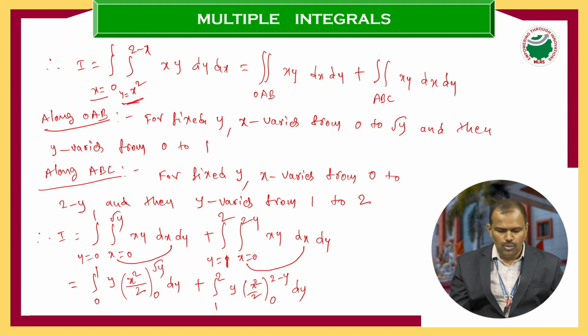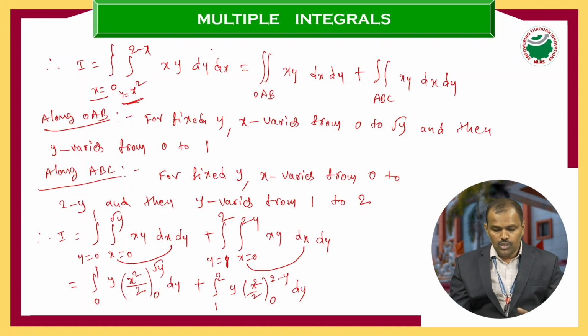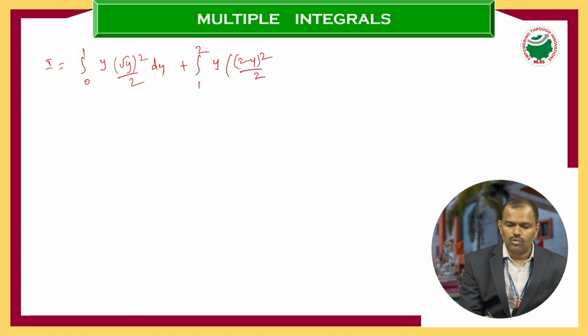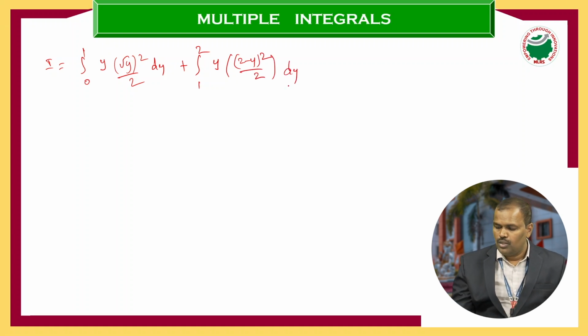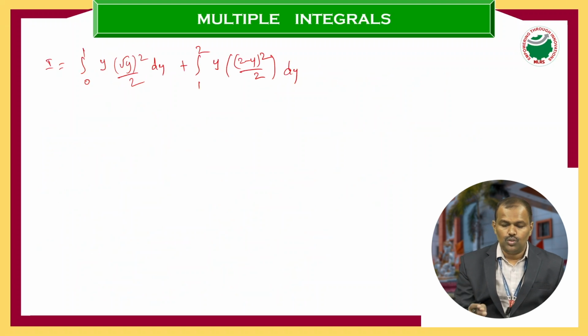Lower limit is 0 by 2, 0 only, into dy. This is the first integral. Coming to the second integral, y limits 1 to 2, y into, in place of x, 2 minus y whole square by 2, lower limit 0, into dy. In place of x we substitute 2 minus y, as x square is there, that is 2 minus y whole square by 2 into dy.